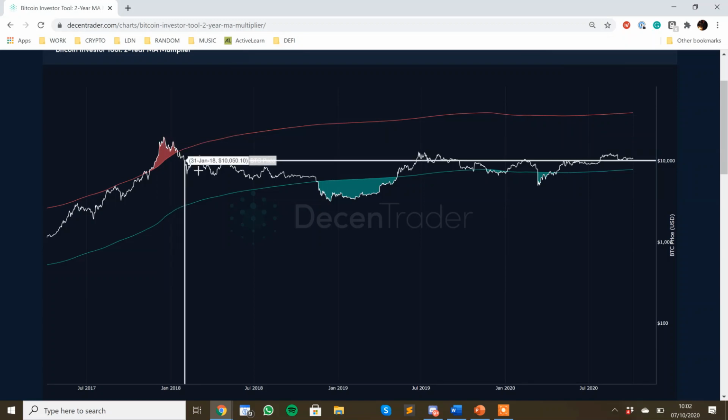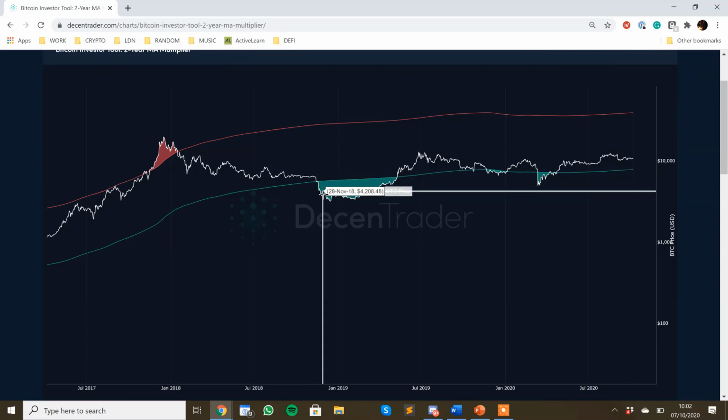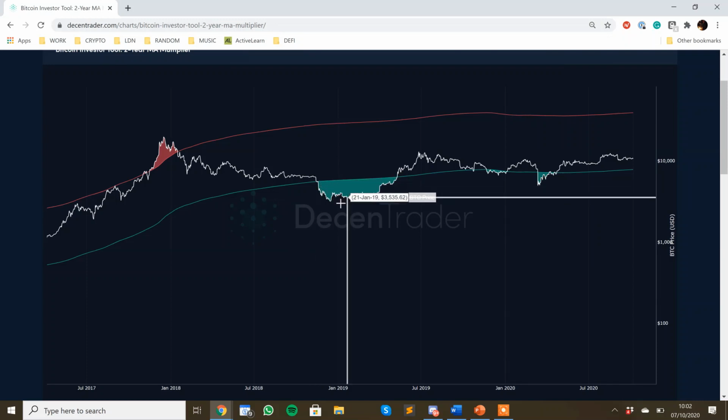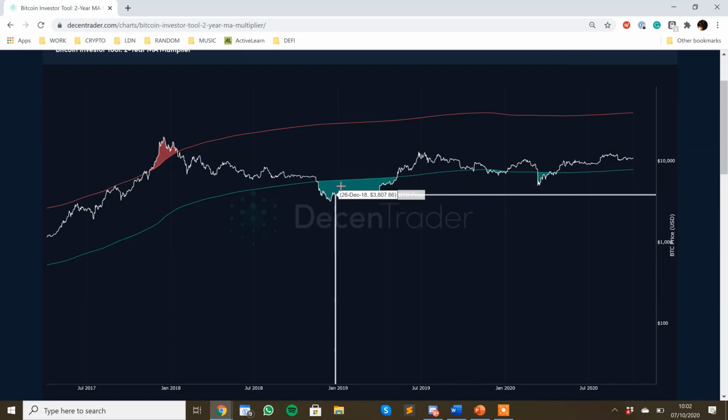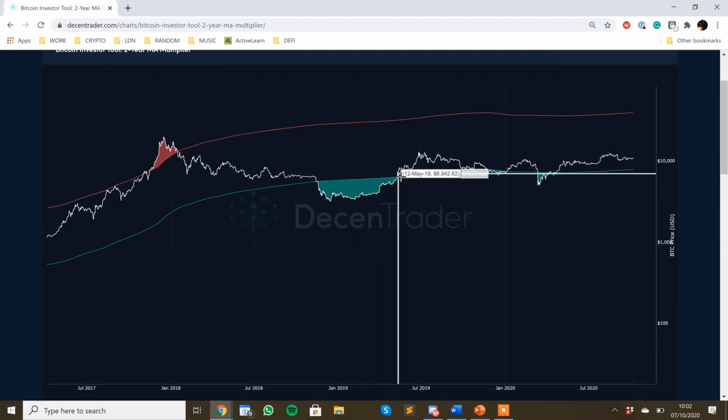Since then, you can see it told us to not allocate more capital until we then crashed down below $6,000 back in late 2018. And it was telling us that this was a good time to dollar cost average in until we then broke out back above $6,000.